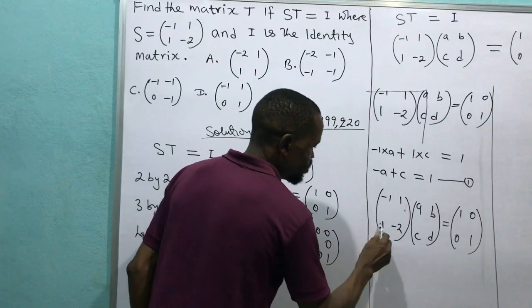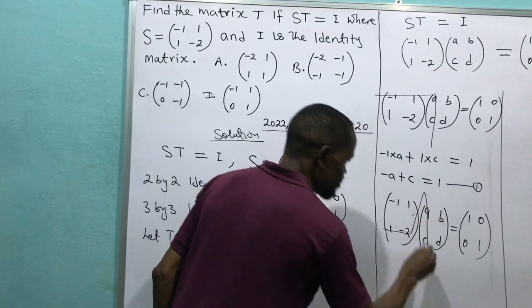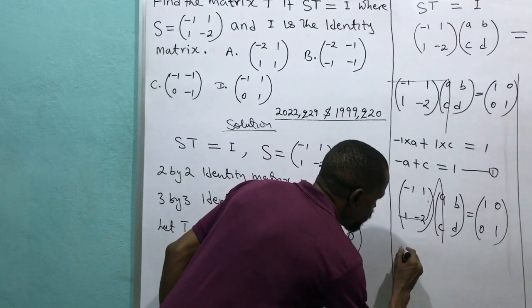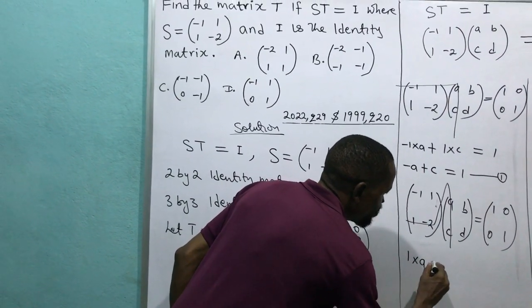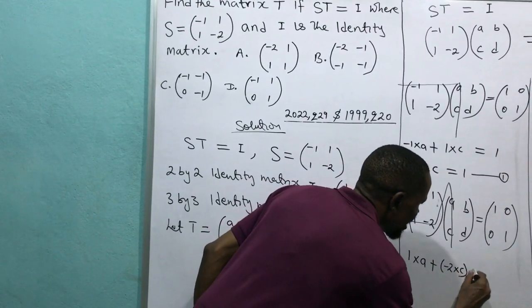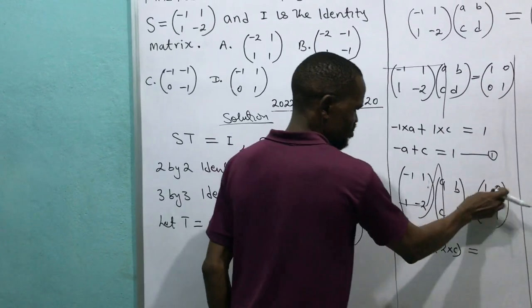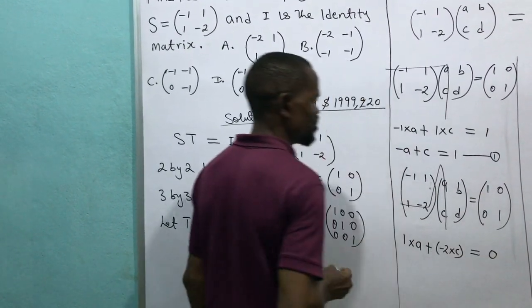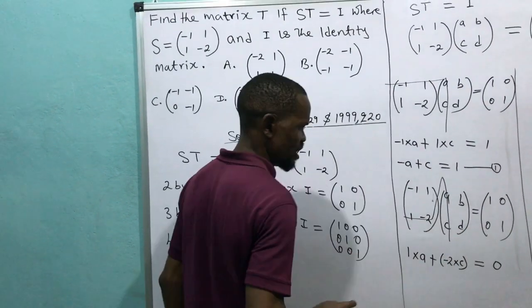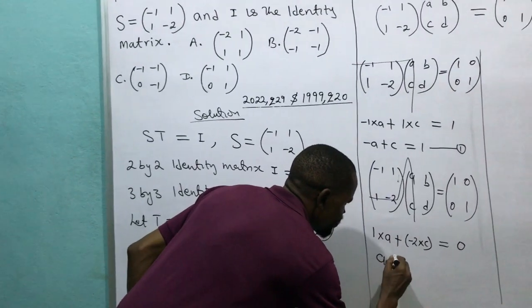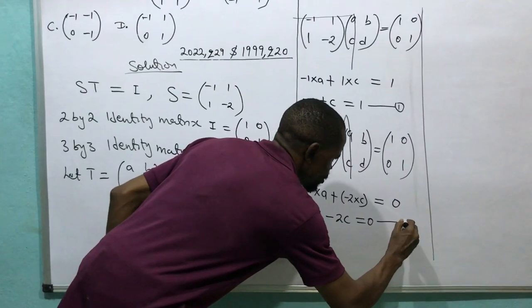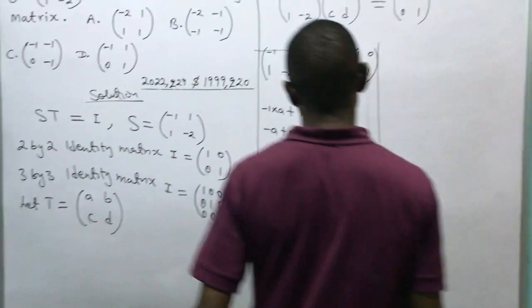This gives me 1 times A plus minus 2 times C equals 0. So A minus 2C equals 0. Equation 2. Are you following what I'm doing now?